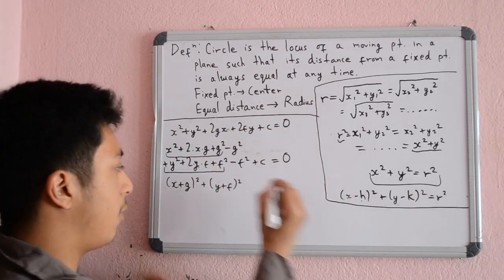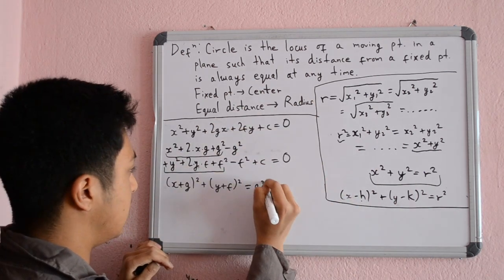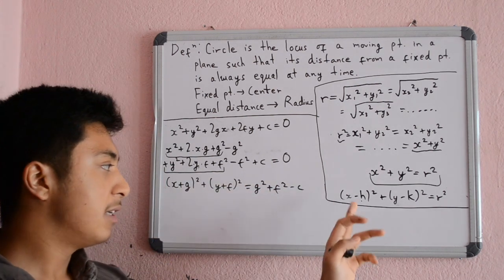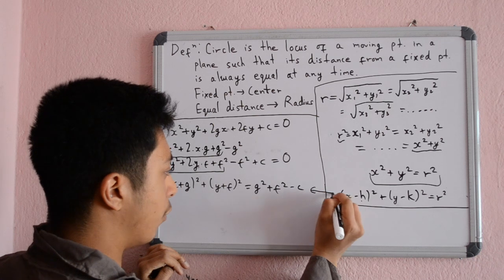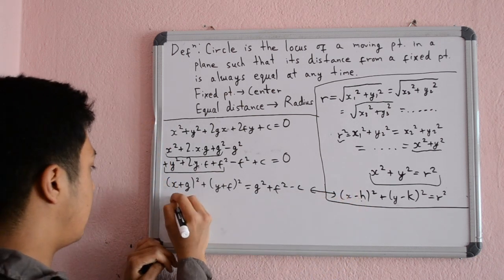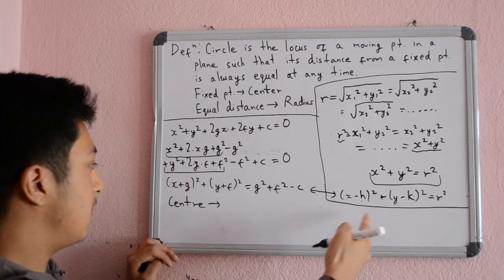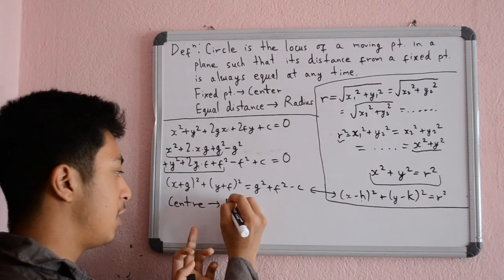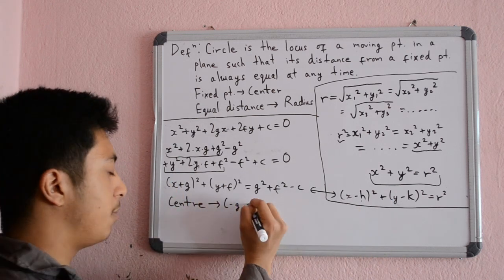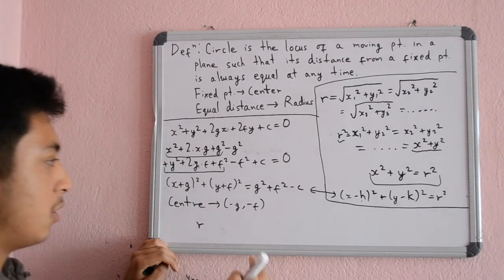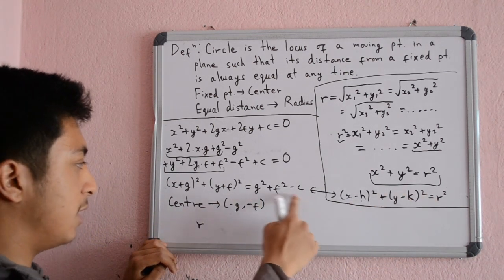We'll put that on the right hand side. So this becomes g square plus f square minus c. And now simply compare these two over here. So our center is going to be h comma k, and since this is positive, it will be minus g and this will be minus f. And the radius square will be equal to this.